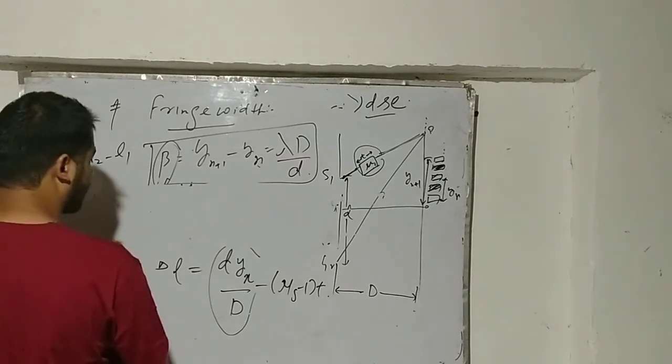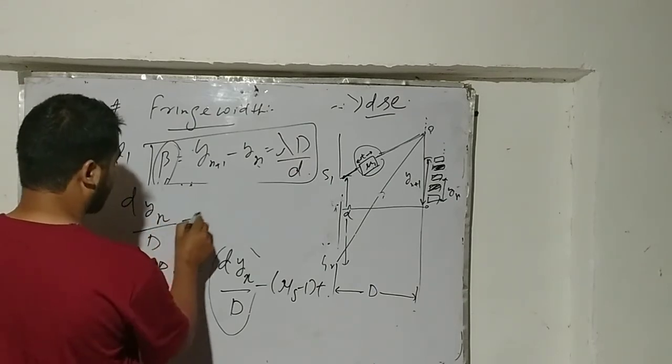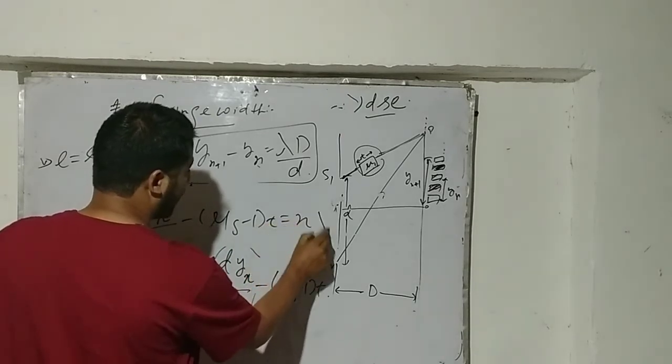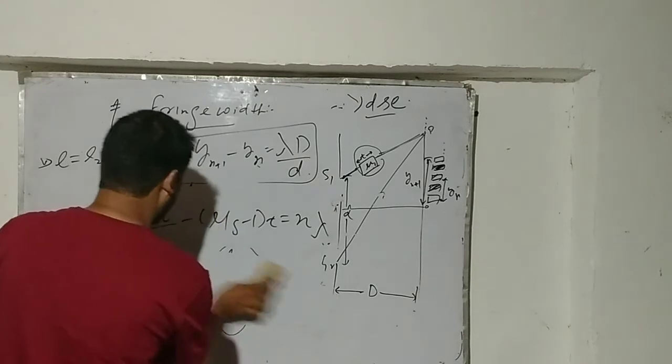For that I will get d y_n over D minus (mu minus 1) t equals n lambda. This is meant for the constructive case.